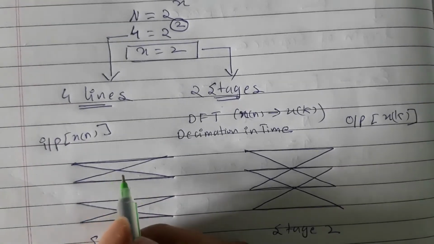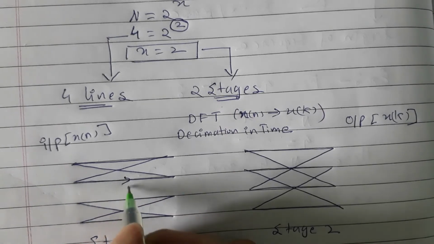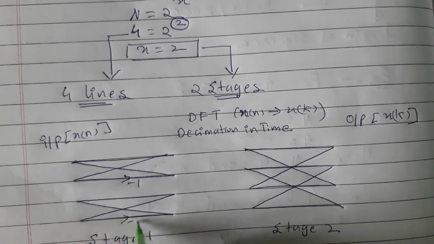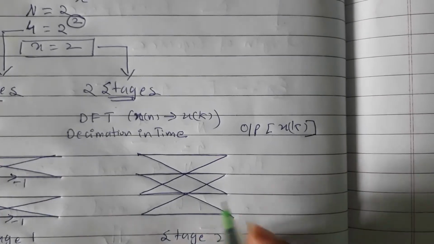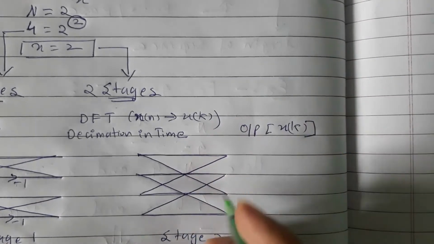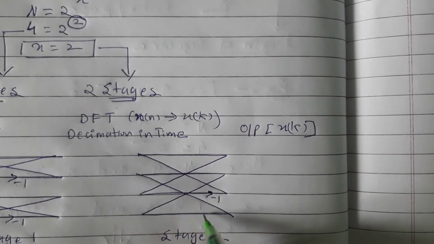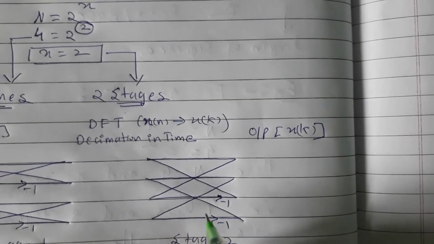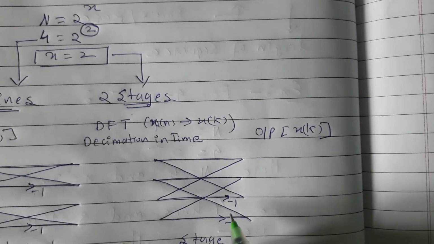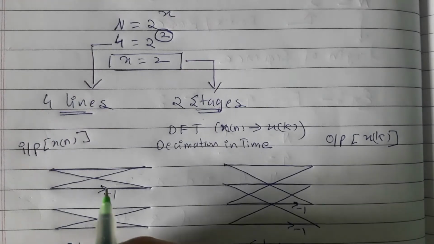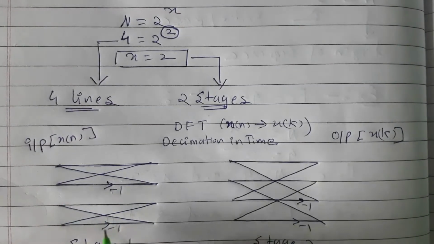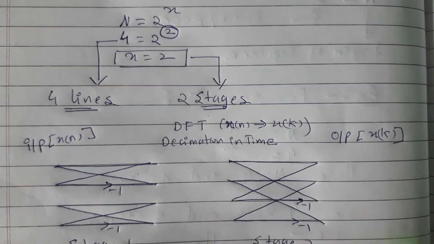So at the end of each butterfly, negative sign we will give. So this is our first butterfly, this is our second butterfly. So at the last point, -1, last line we will put a negative sign, and the arrows will always move from left to right, left to right, left to right, and left to right.